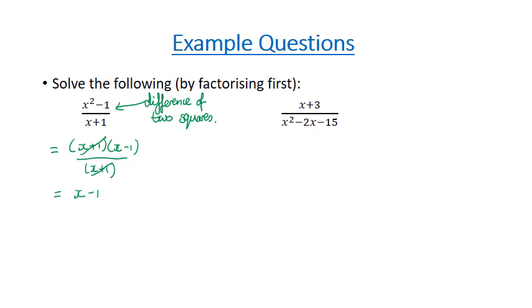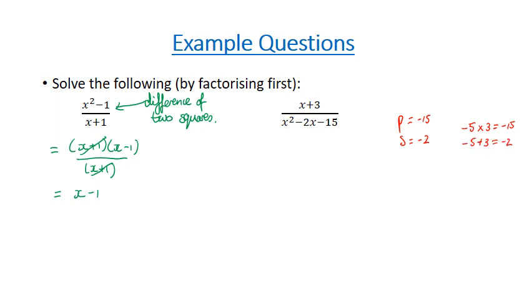In our second example, we're going to have to use product and sum. We have a product of minus 15 and a sum of minus 2. Therefore, minus 5 times 3 gives us minus 15, and minus 5 plus 3 gives us minus 2.